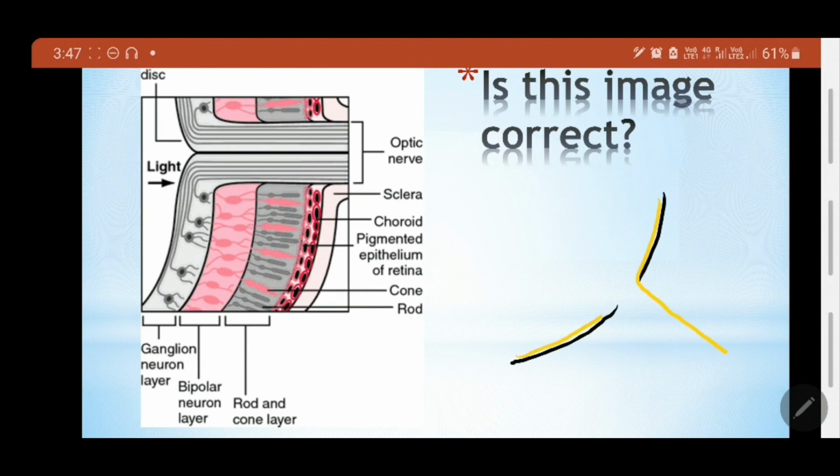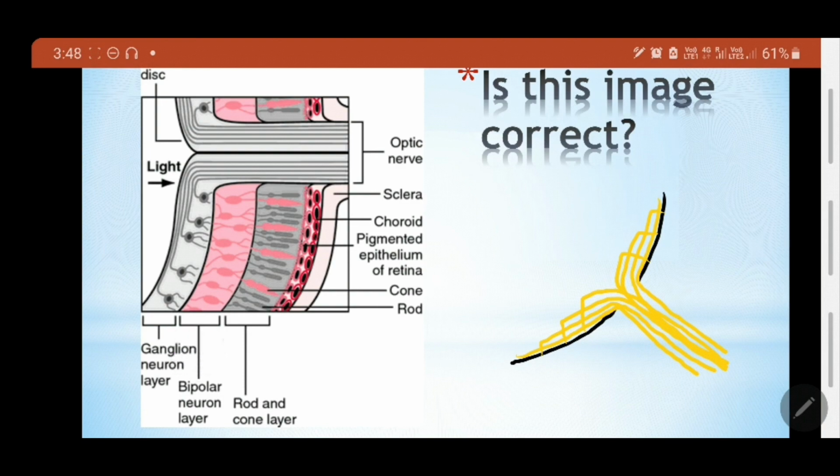Then further fibers will emerge perpendicularly and then move on like this. Then they will emerge and move on like this, and again emerge and move on like this.